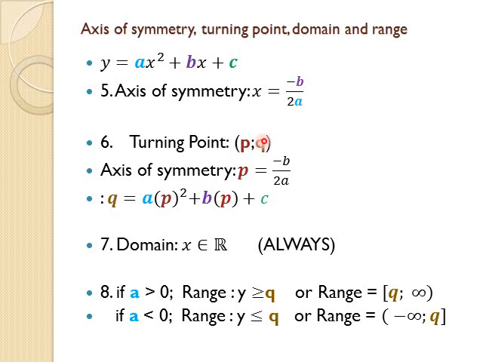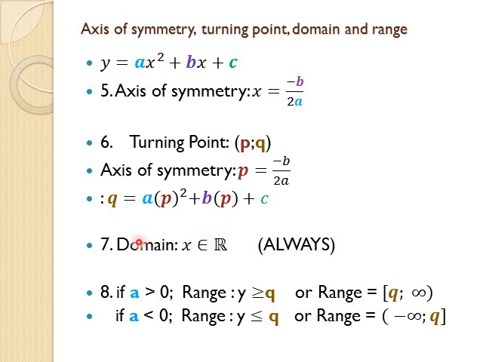And take note, they don't want you to use p and q anymore, but yeah, it is p and q. So for the axis of symmetry, instead of writing x, p = -b/2a. The answer I get here, I substitute back in that equation there. So in the place of x, I have p there, and I solve for q. So the values I get for p and q are referred to as my turning point.